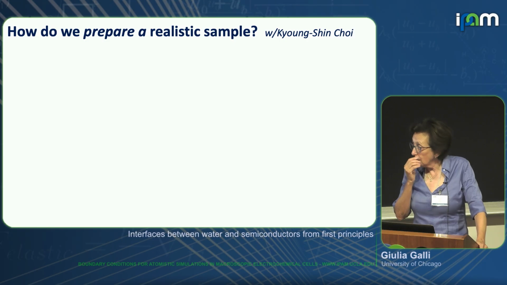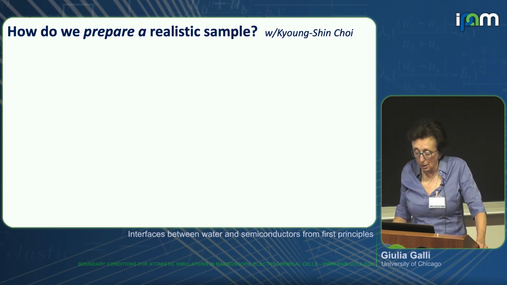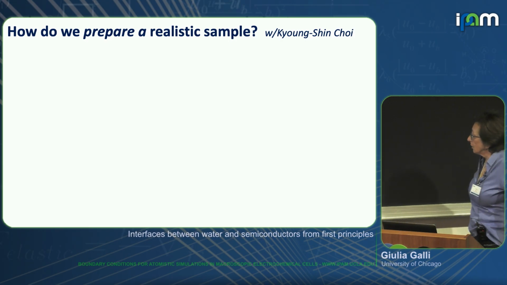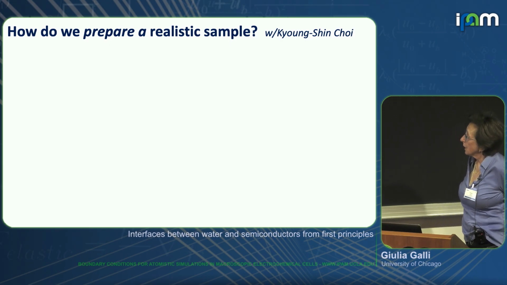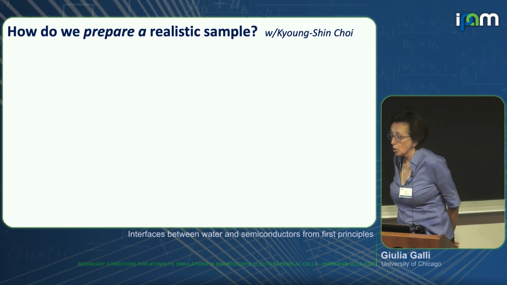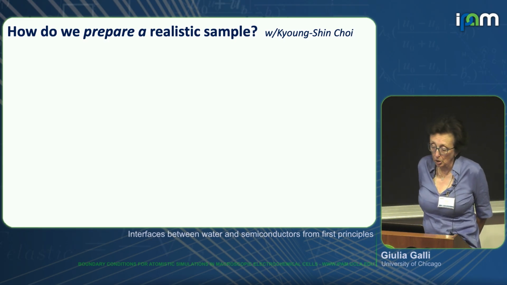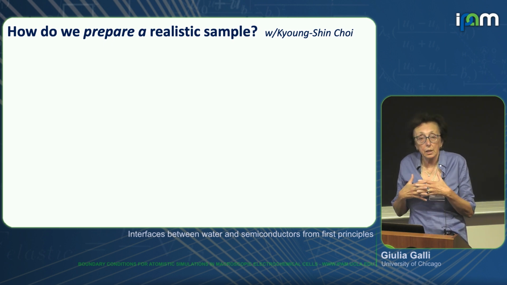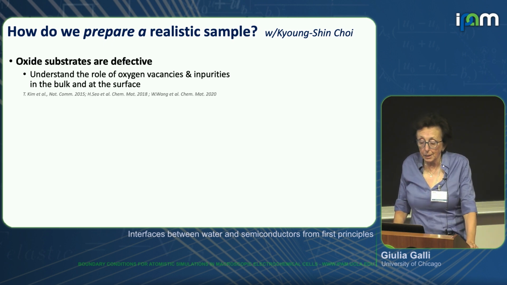All the calculations that we have done on bismuth vanadate and water have been done over many years with my experimental collaborator, Kyoung-Shin Choi from UW-Madison. These are really integrated theory and experiment work.